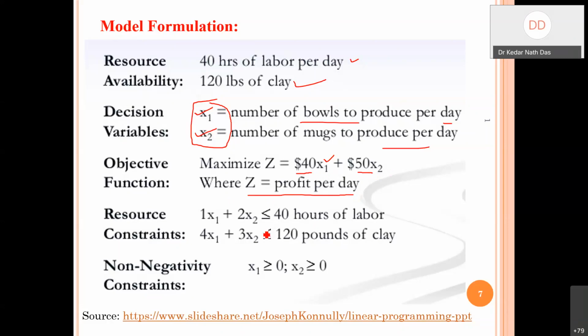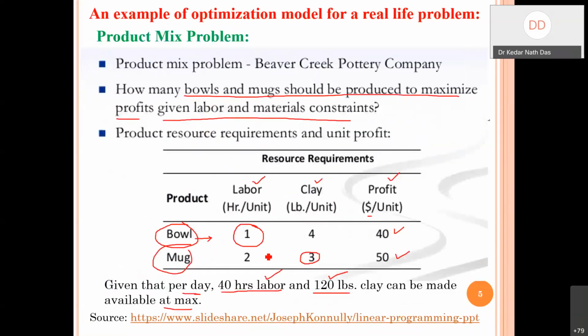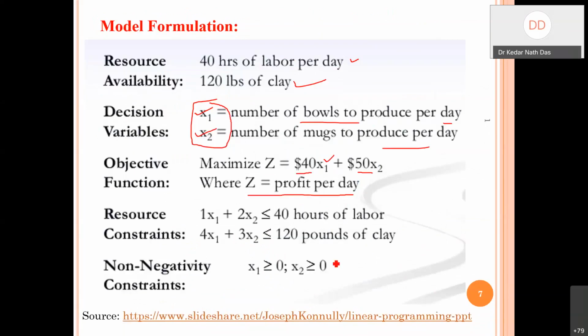So the resources available, just depending upon the table which is given to you, is 1x1 plus 2x2 less than or equal to 40, which is in this column. Similarly, the other one, considering the second column, is 4x1 plus 3x2 less than or equal to 120. So this is how we can model the optimization problem.